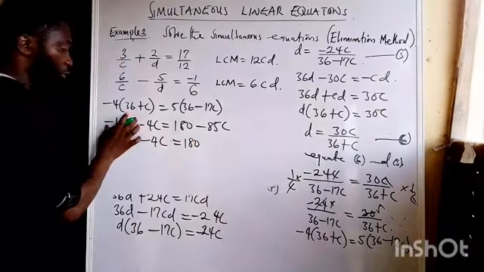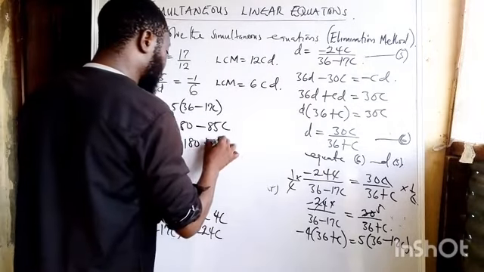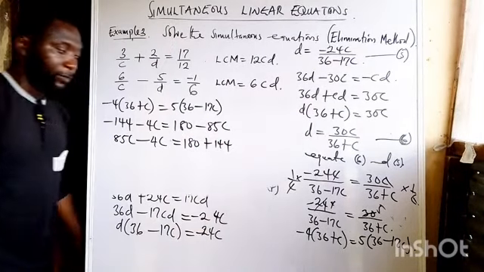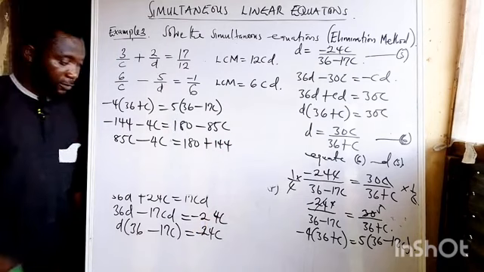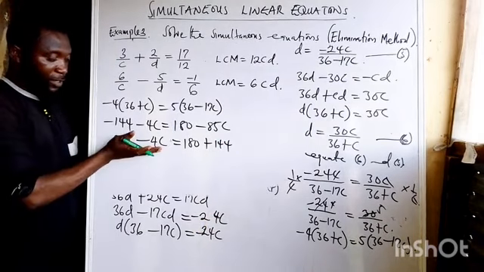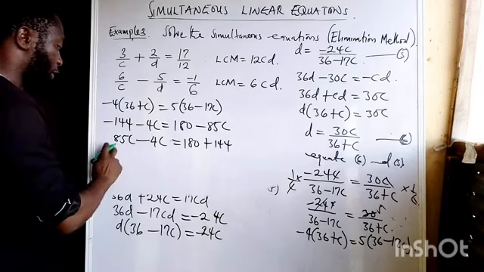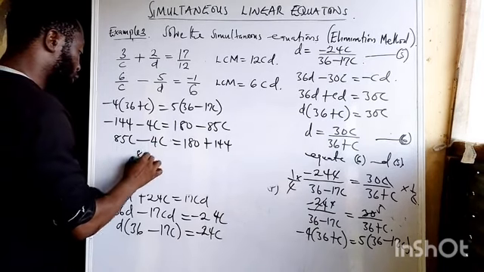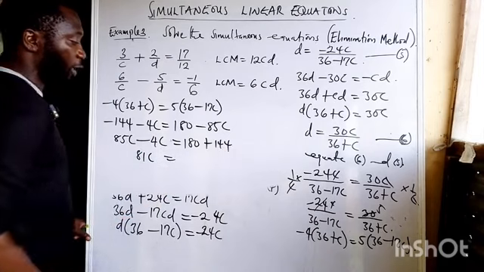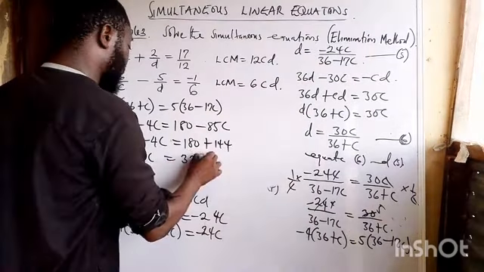Take this negative 144 to the other side, that becomes positive 144. Now we add this together and find the difference. 85 minus 4, that's 81C, equals, add this together, that's 324.